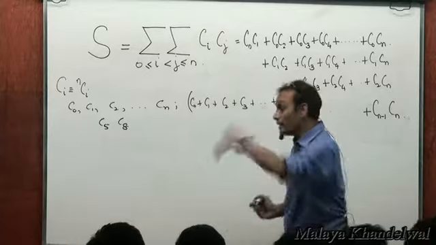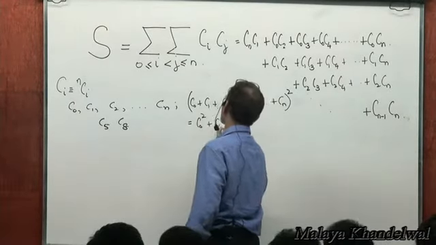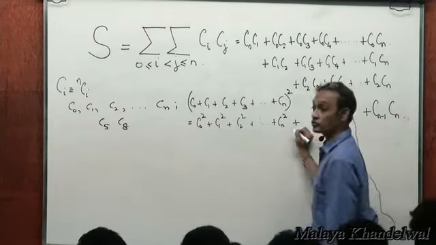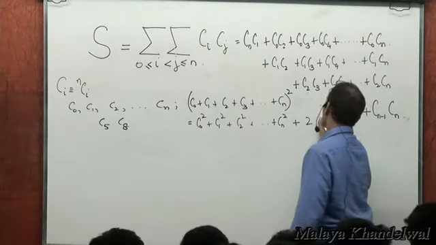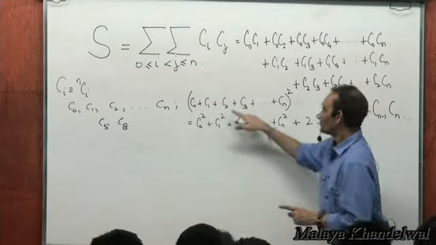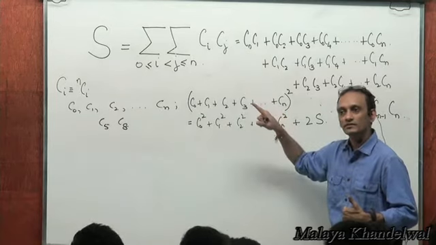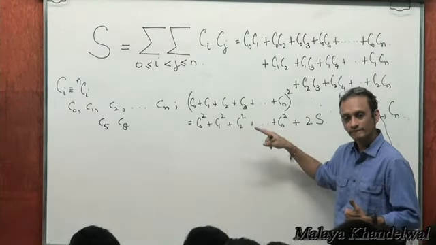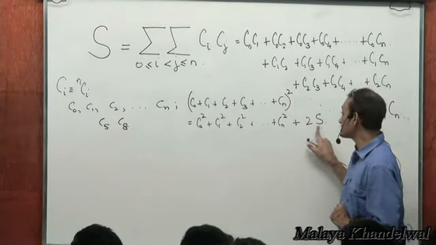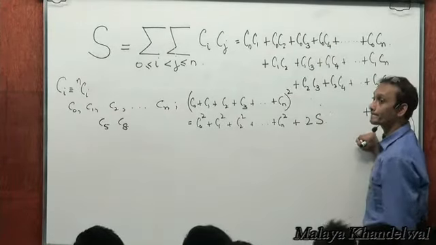If I do that, you will get two kinds of terms. You will have the square terms, C0 squared plus C1 squared plus C2 squared plus up to Cn squared, plus twice S, the sum of the products taken 2 at a time. You will have C0 C1 coming your way, C1 C2 coming your way. This will give me twice S, where S will be this. Yes or no?